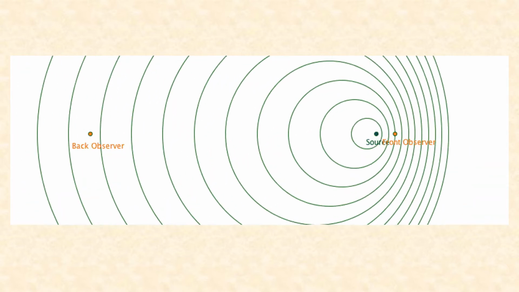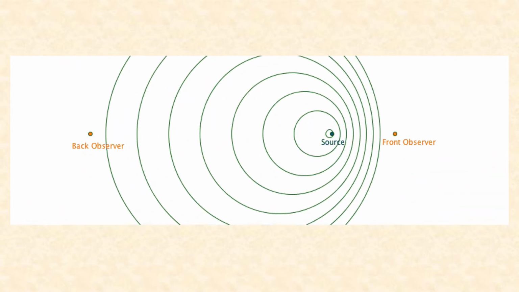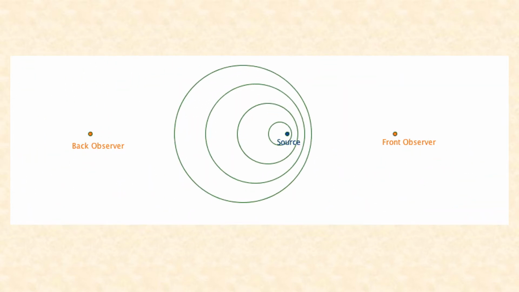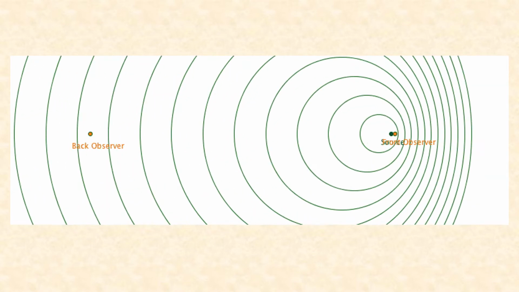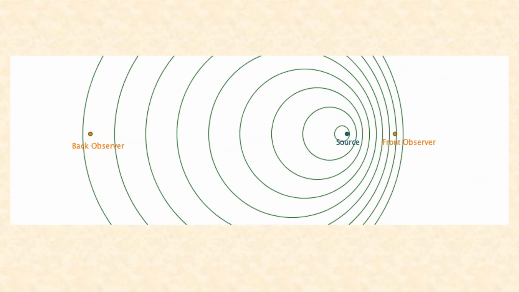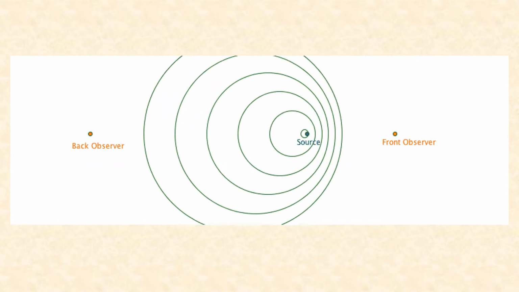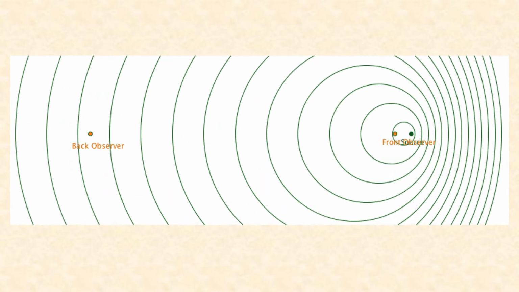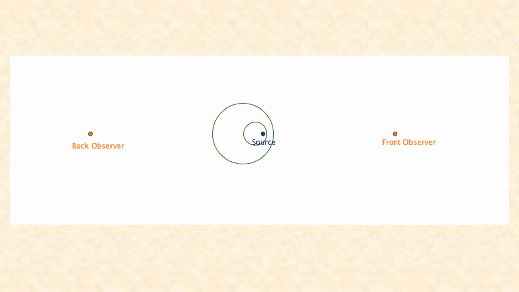Do you see how for the region in front of the wave source, the wavelength gets shortened? Remember that there is an inverse relationship between wavelength and wave frequency for waves that travel at a constant speed. So for an observer in front of the wave source, this decrease in wavelength corresponds to an increase in wave frequency.